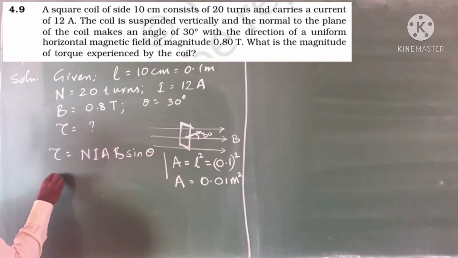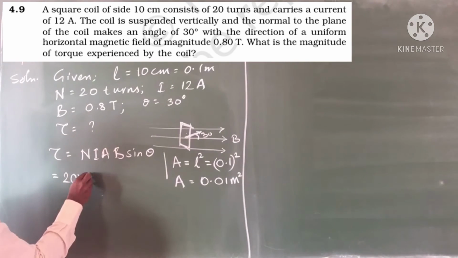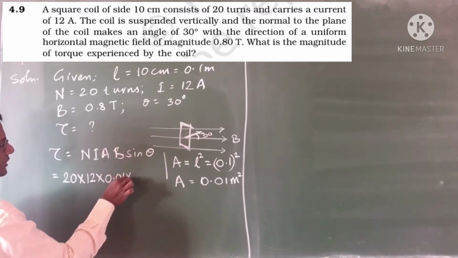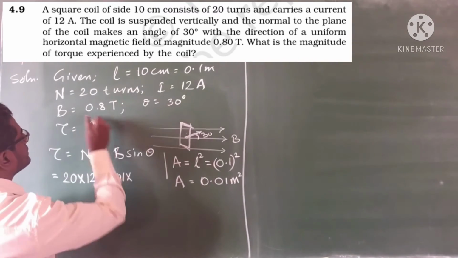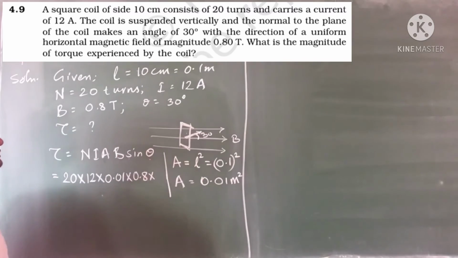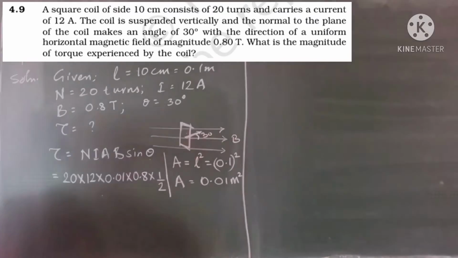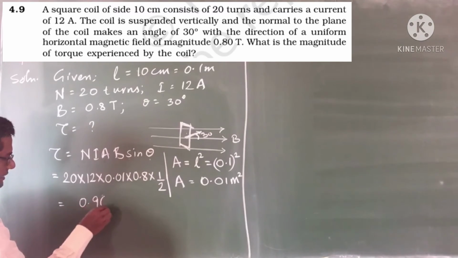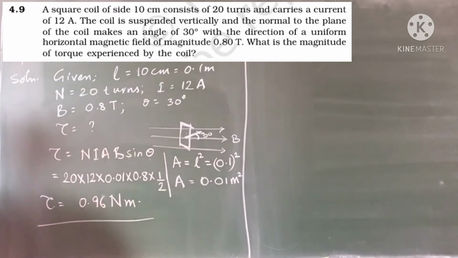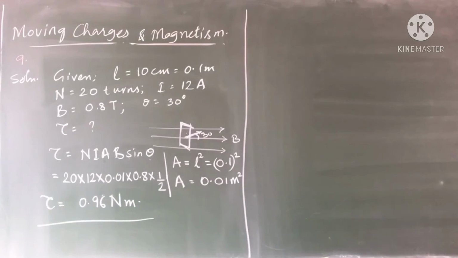Now substituting the values: N is 20, I is 12, area is 0.01, magnetic field B is 0.8, and the final term is sine theta, where sine 30 I substitute as 1 by 2. That gives 0.96 Newton meter, which is the torque experienced by the coil suspended in a uniform magnetic field.